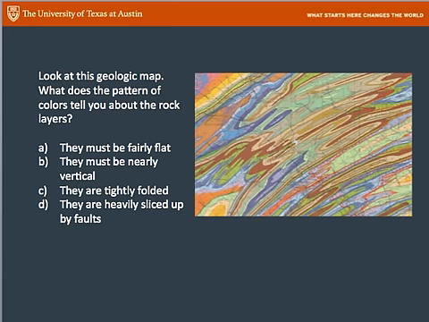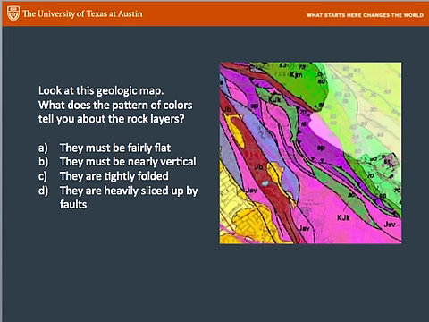And these, of course, are very tightly folded. And this is something that's sliced up by a whole lot of faults. So you see colors coming together along straight lines, no indication of anything folded here. And so this is a geologic map of a very strikingly faulted area.